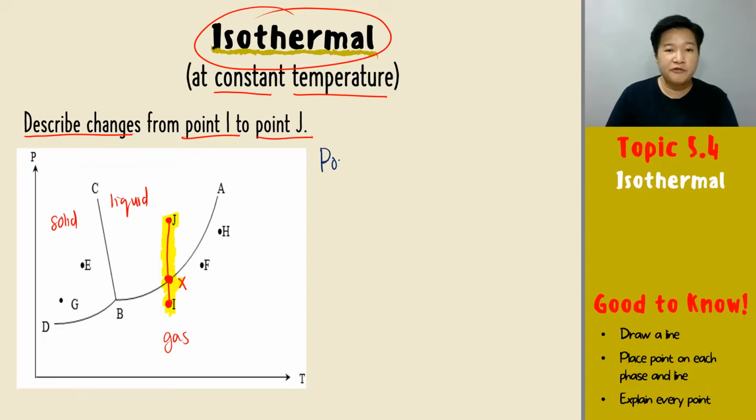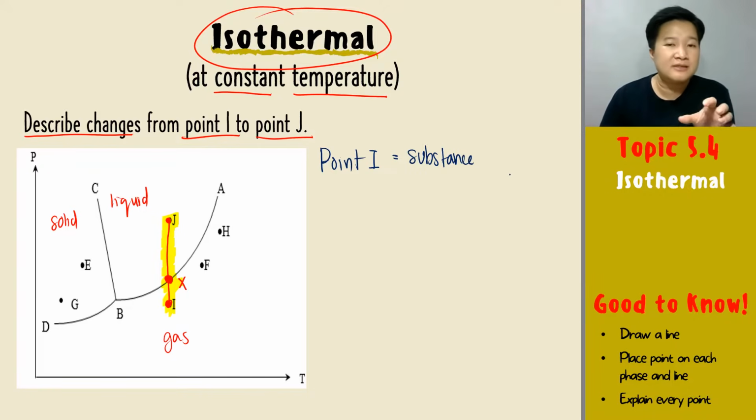So starting off with your point I. Since we don't know what substance that is, we just simply label substance. Okay? If you know what compound you are discussing, or if the question tells you what the substance is, then you are going to write the name of the substance. Okay? So point I is the substance exists in gas state. Alright?